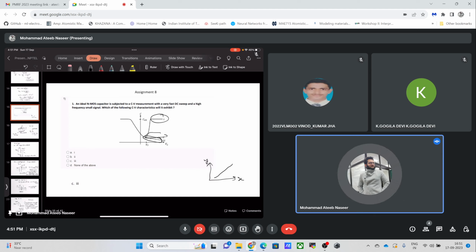Since it is the minority carriers that have to respond to the DC bias, which is ramping very fast, we need a large number of minority carriers in that particular scenario.